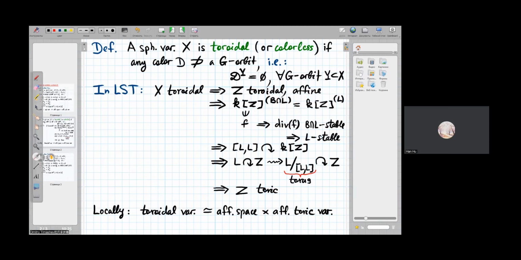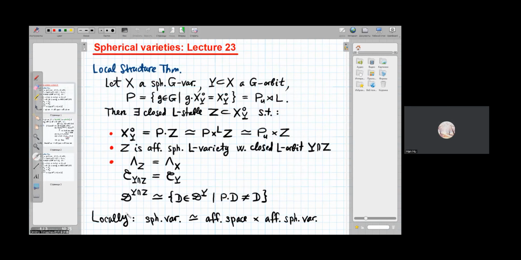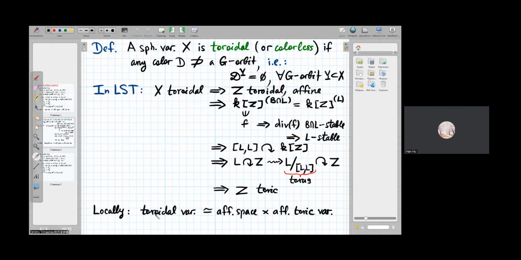So let me emphasize that the local structure theorem, the previous remark, in the toroidal case implies the following local isomorphism. Each toroidal variety is locally isomorphic to a product of an affine space and an affine toric variety, Z. And this affine space is P_u on the previous slide.